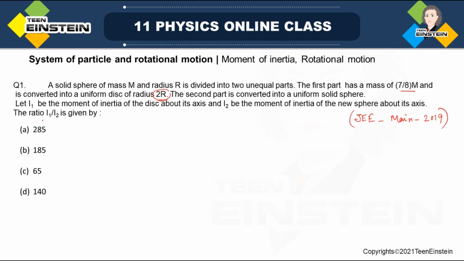Now we have to find out I1 and I2. I1 is the moment of inertia of the disk, and I2 is the moment of inertia of the sphere.